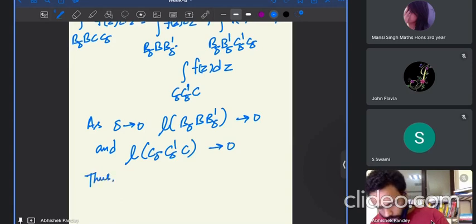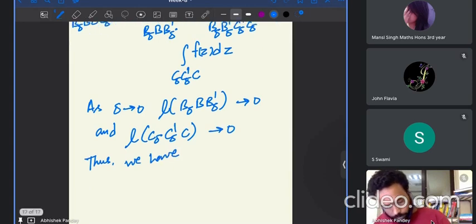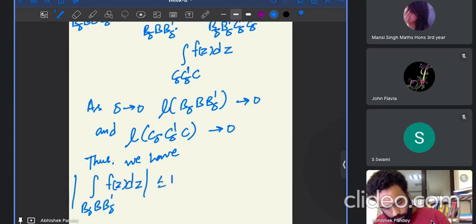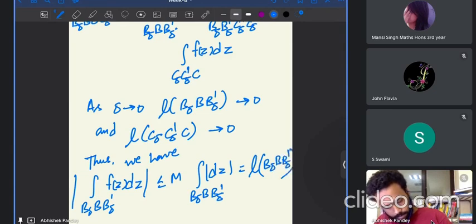Thus we have this integral over B delta, B and B delta dash of F(z) dz, which is less than or equal to M into mod dz over B delta, B delta dash, which is nothing but the length of B delta, B delta dash. So this will tend to 0.